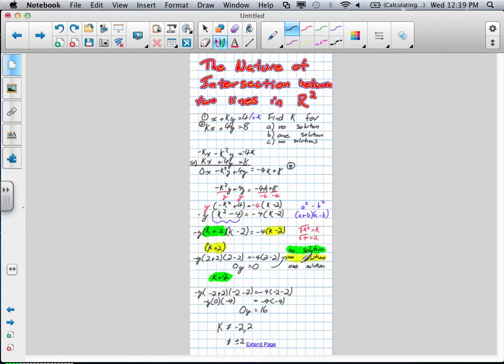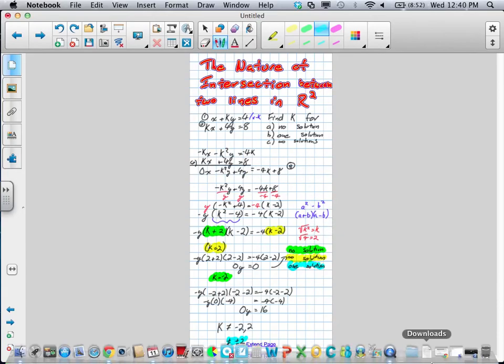So those will fulfill all of the 3 things we've done here. That's when k cannot be plus or minus 2. When it's negative 2, it gives us no solution, so we have parallel lines. And when k is 2, it gives us an infinite amount of solutions, so they're coincident lines. Parallel and right on top of each other, we're talking about the exact same line.